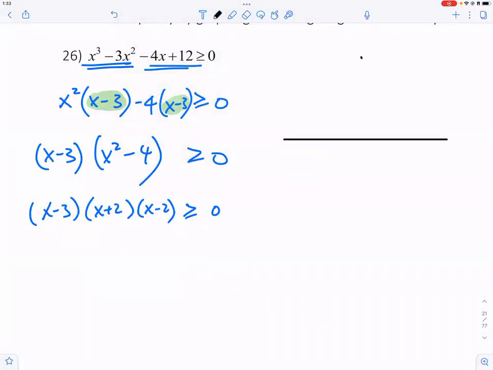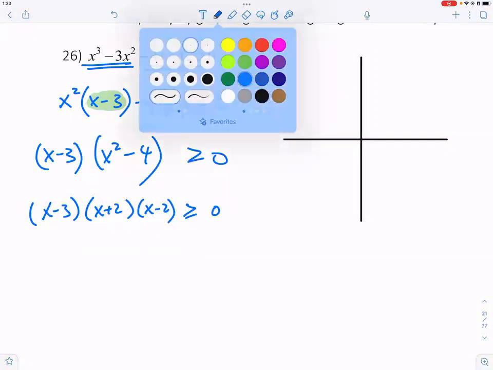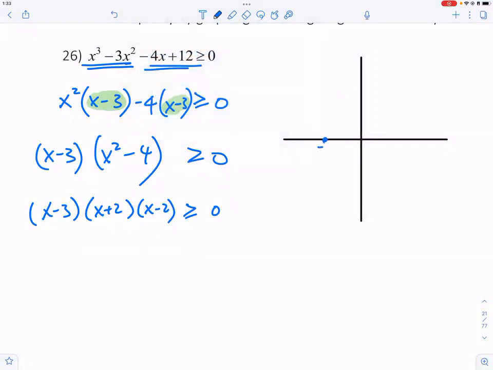And now for me, I would go ahead and make a graph. I would say there is a root at -2, there's a root at 2, and there's another root at 3. I also know that it's a cubic function, and it's a positive cubic function, so that means it must start low and end high.